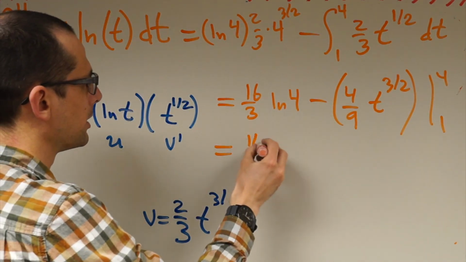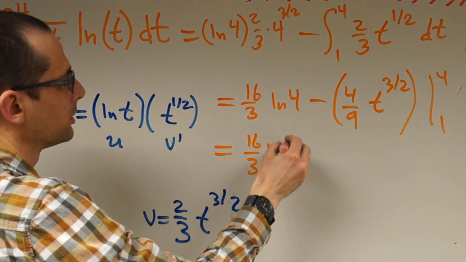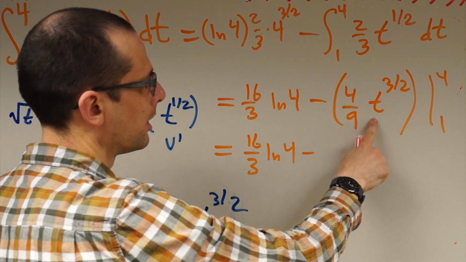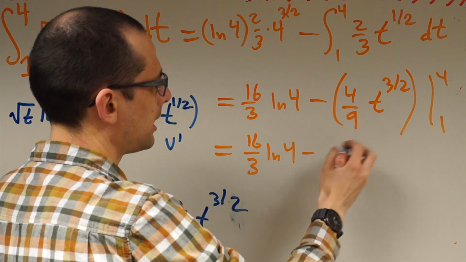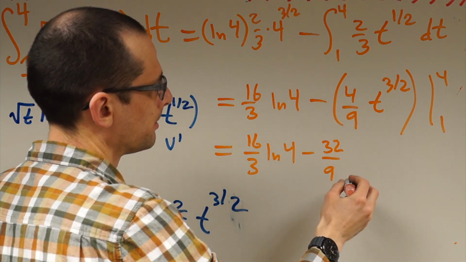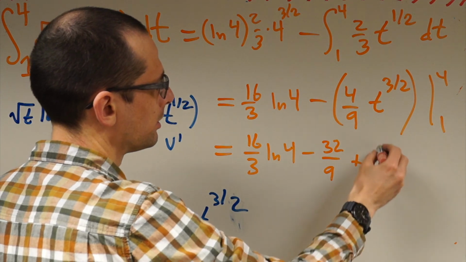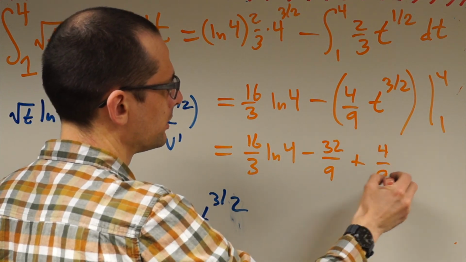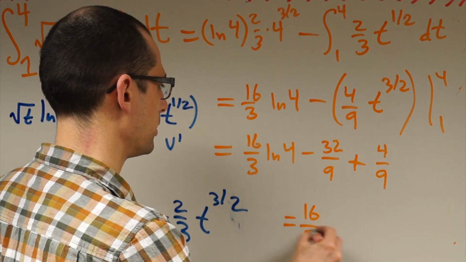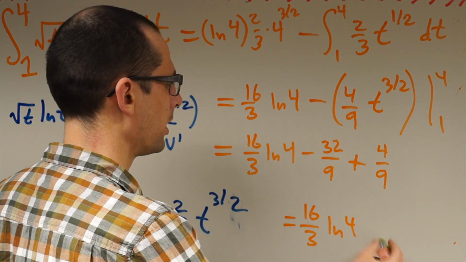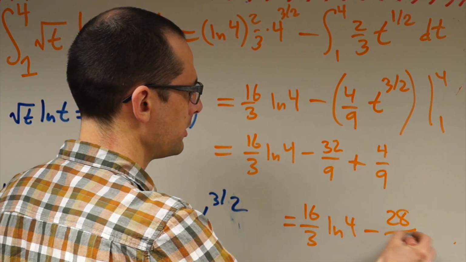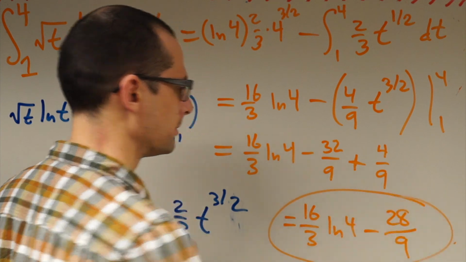So let's write that down, 16/3 natural log 4 minus, okay, so if we had a 4 here, that would be 4 times 8 is 32 over 9 plus 4/9. I think that's it. So then we'll have 16/3 times natural log 4, and then here what do we get? Minus 28/9. Great.